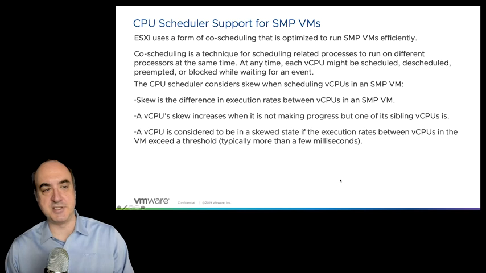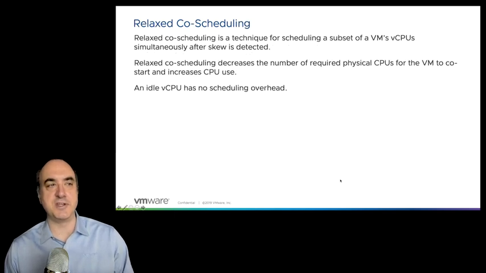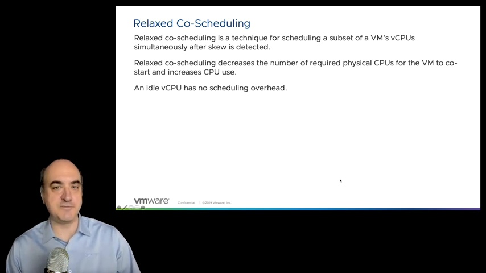A virtual CPU is considered to be in a skewed state if the execution rates between the virtual CPUs in the VM exceed a threshold, usually more than a few milliseconds. So this form of relaxed co-scheduling allows the scheduler to have the VM's virtual CPUs all executed at slightly different execution rates.